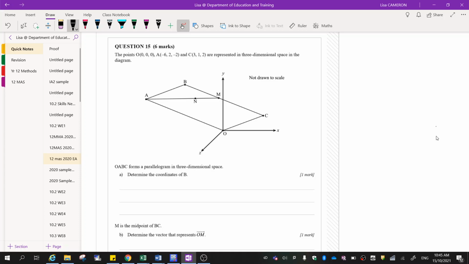In order to do that, you would just need to get this vector, you would treat it as if it's a vector from here to here, and move that up to here to there.